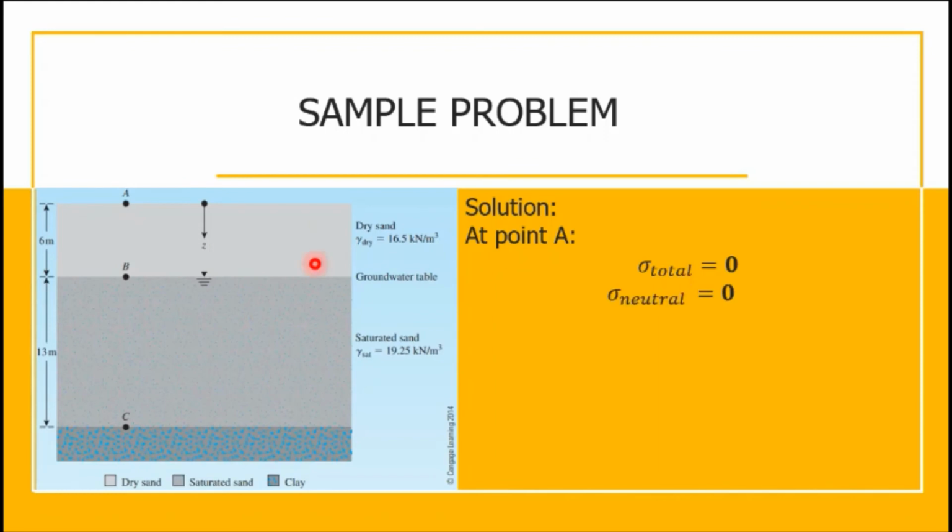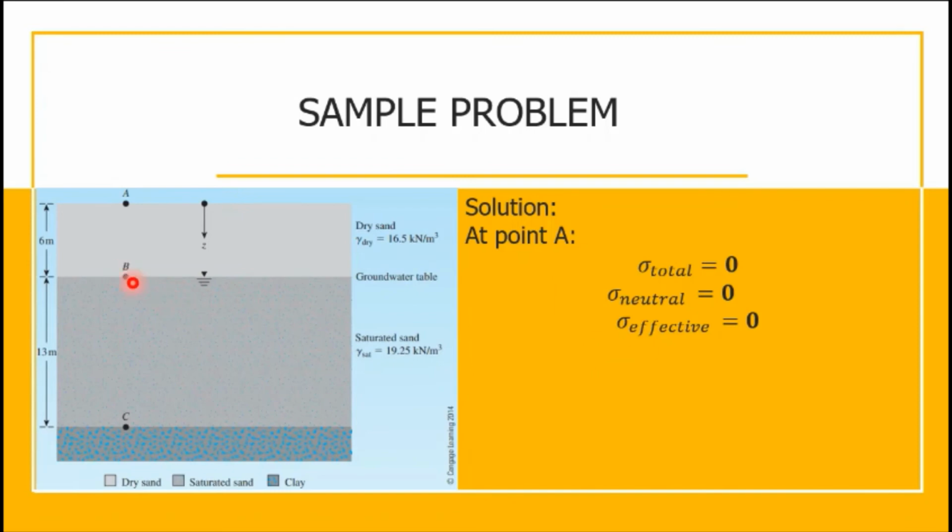And then, also, the neutral stress will be equal to 0 because there is no water above that point. And lastly, the effective stress is also equal to 0 because effective stress is equal to total stress minus neutral stress. That's why it's equal to 0.